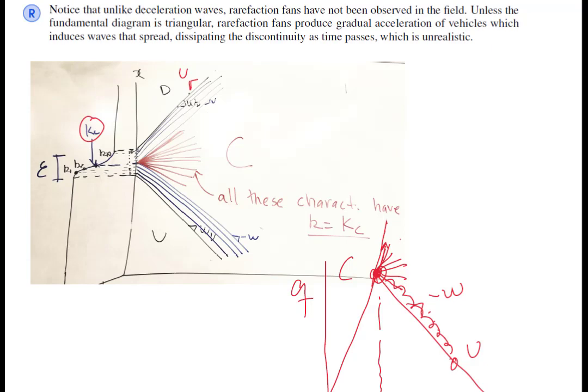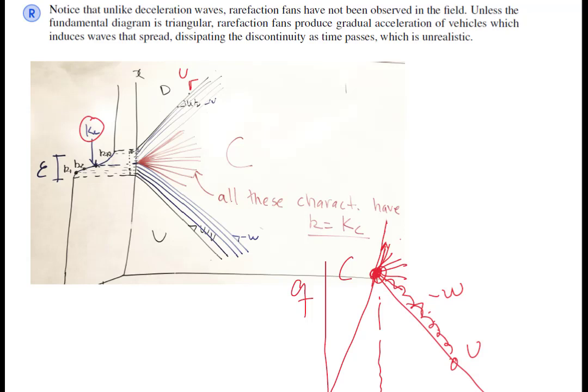What happens is that at this point you have all these characteristics, and they all carry the same flow in traffic state C. So all these guys in red right here, they all propagate or contain the same traffic state, which is the capacity state.